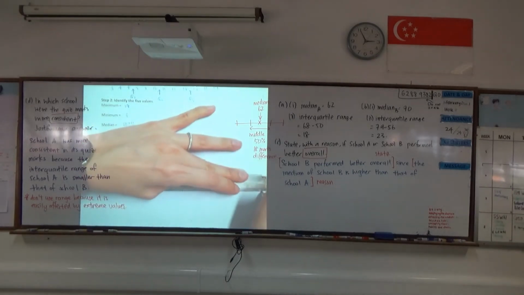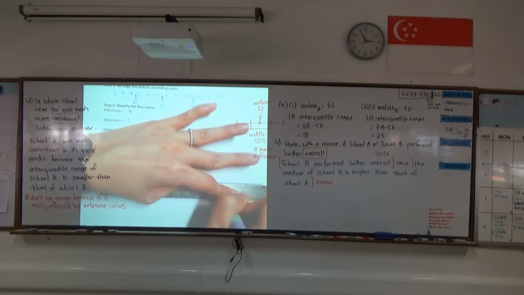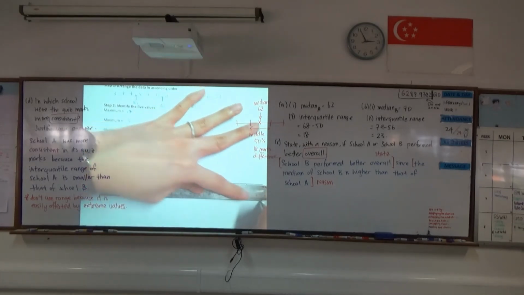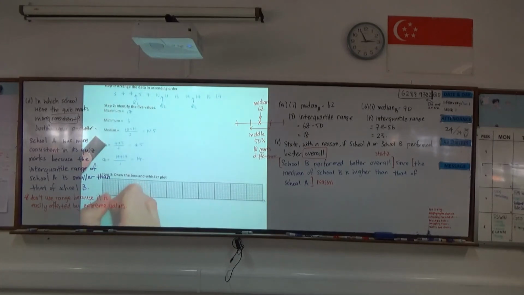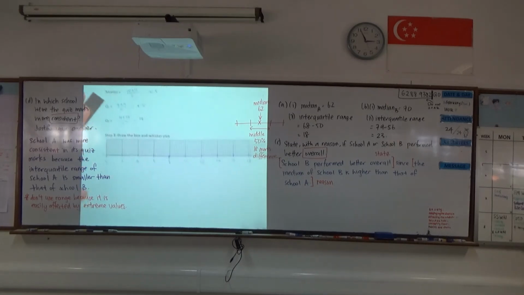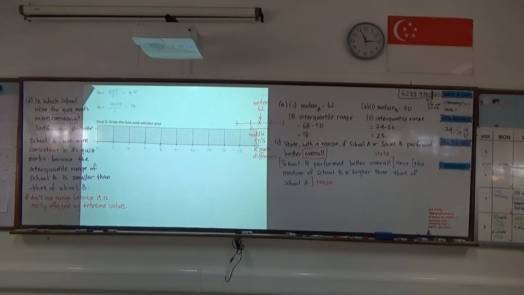I will draw my number line. Please avoid giving an odd scale, meaning 1, 3, 5, 7, because it is difficult to read.